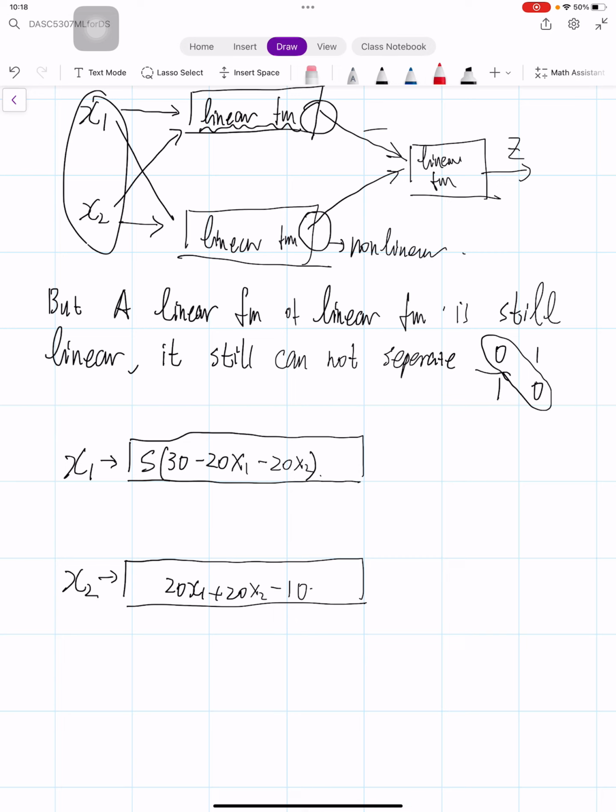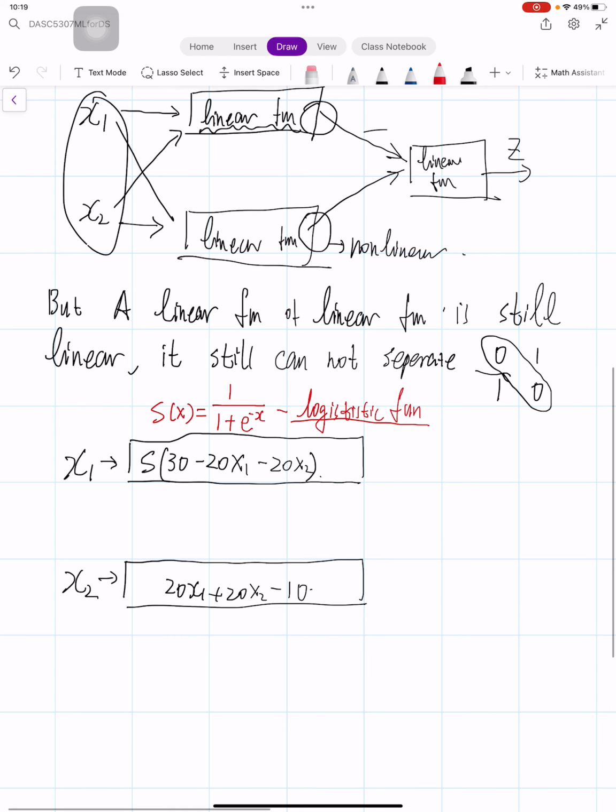Here S(x) is the logistic function. If you recall, when we do logistic regression, we have 1 over 1 plus e to the power negative x. In deep learning, we call it a sigmoid function.